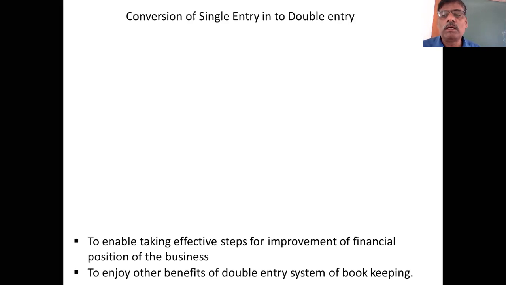It is near to double entry system of bookkeeping, but not a double entry system of bookkeeping because all the books are not maintained. Okay. Pure single entry system, one book. Simple single entry system, two books. And quasi single entry system, more than two books, but not all the books. This is the types of single entry system you already studied.